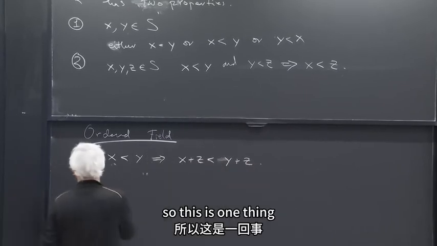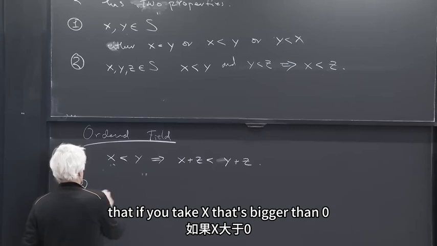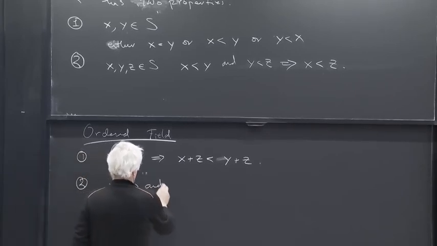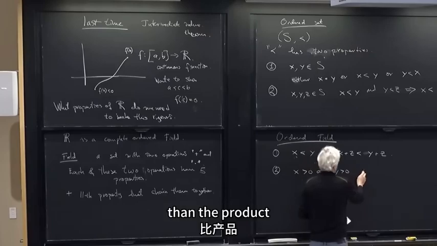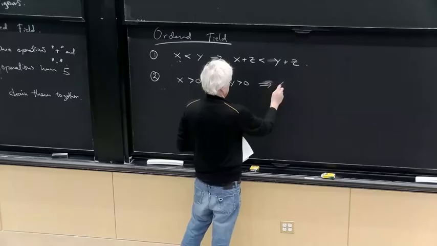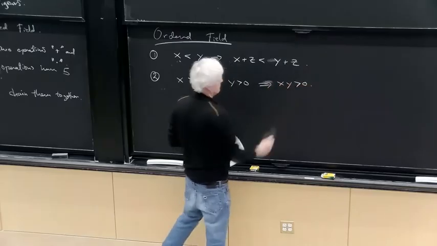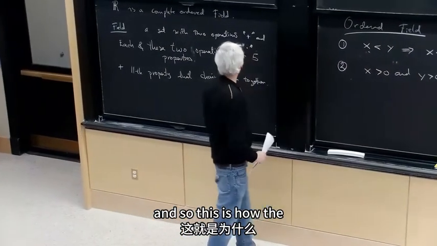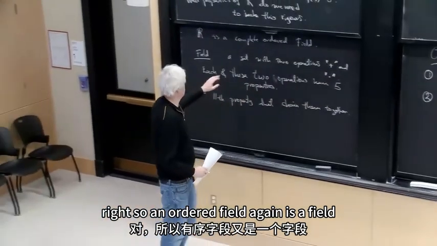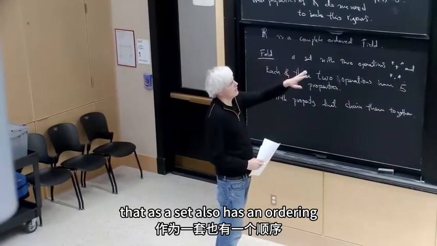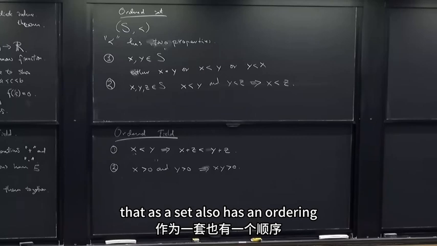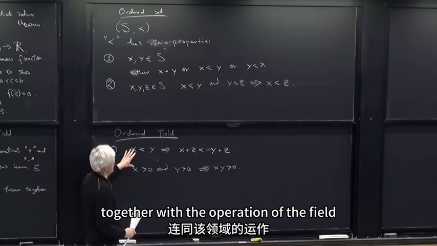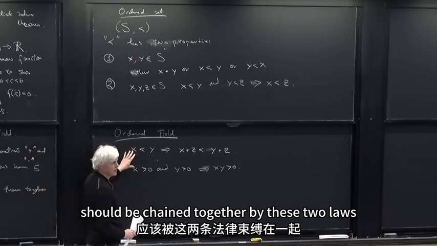The second is that if you take x bigger than 0 and y bigger than 0, then the product of x and y should be bigger than 0. So an ordered field is a field that as a set also has an ordering, and the ordering together with the operations of the field are chained together by these two laws.